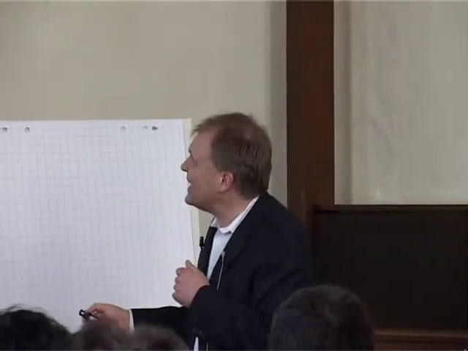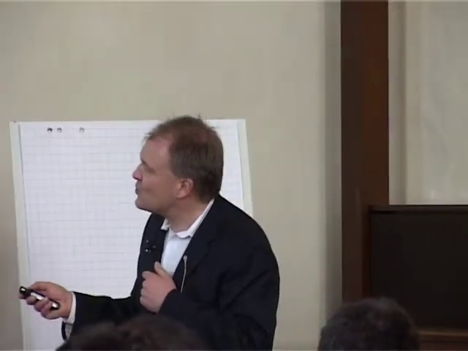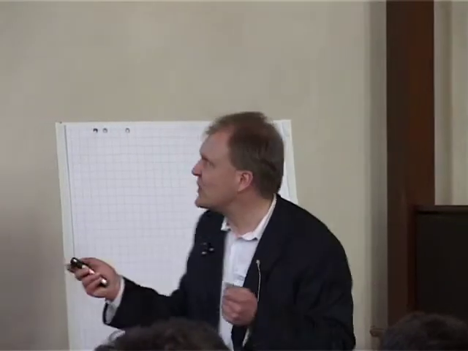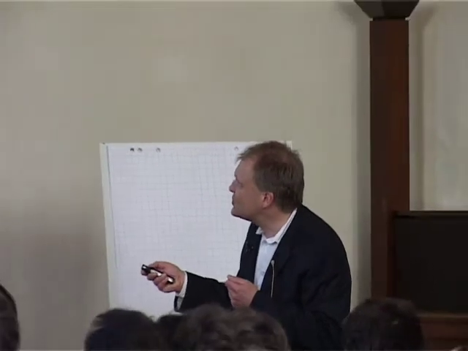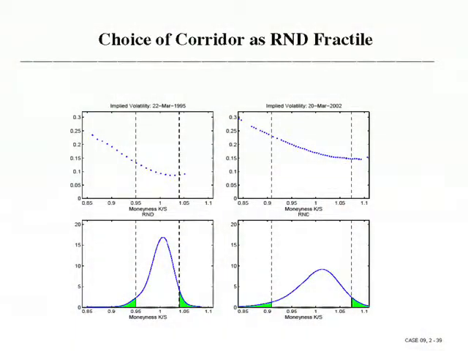Let me also say, once you do this, there's an additivity property. If you look at the realized variance in this range, and then you add the realized variance in this range and the realized variance in this range, you get back the full total model-free implied variance, right? So we literally splice up the expected variance in different parts of the domain over the next month into pieces, into corridors or slices or barriers.